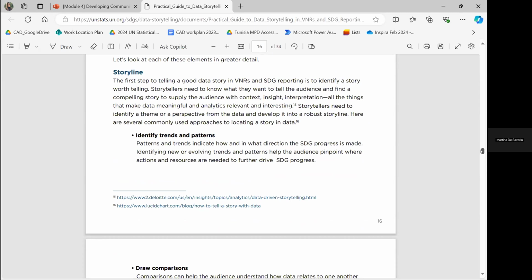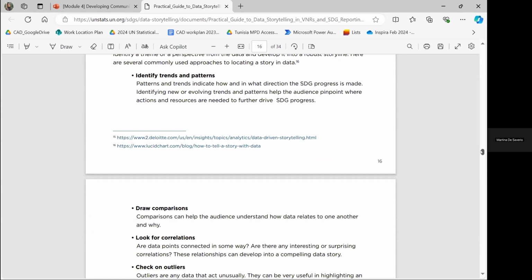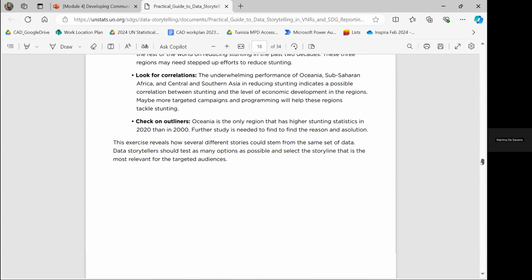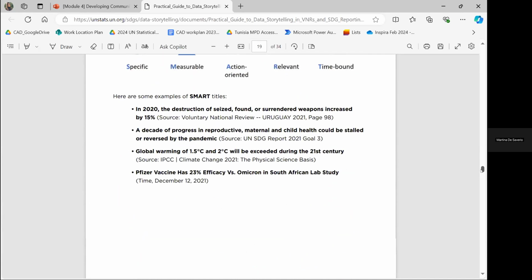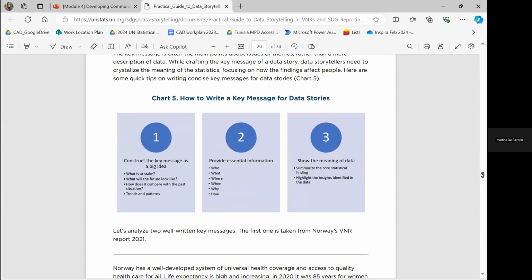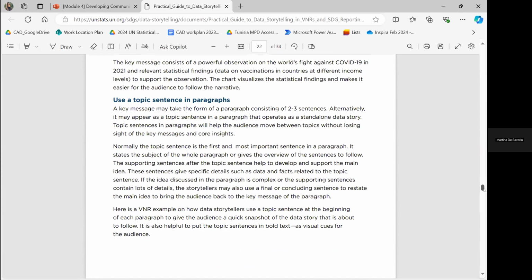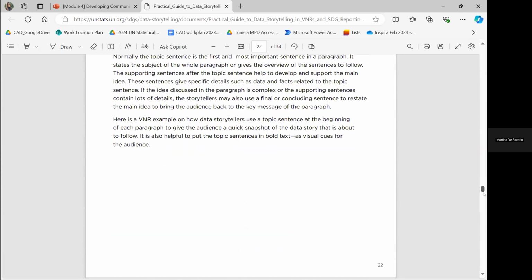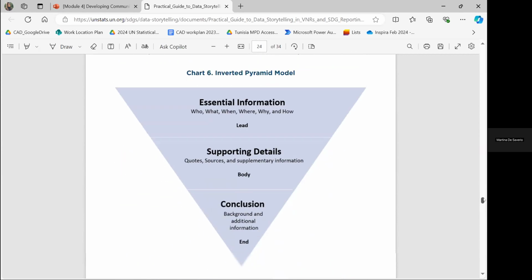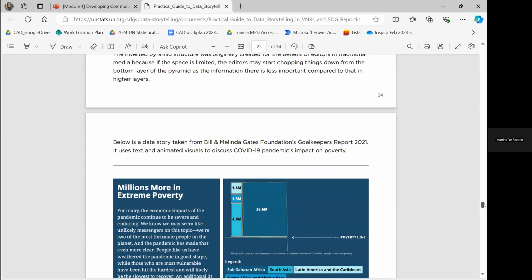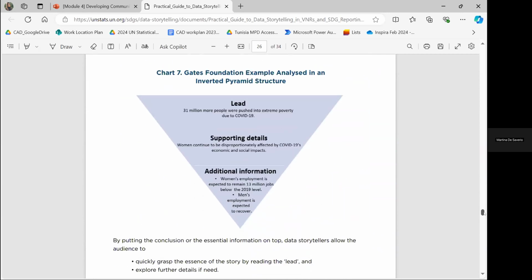There is the storyline part that helps you in understanding how you can select the information from the charts and the graphs you have developed. Yes, so here you have all the tools to proceed with your first data story. I'm scrolling down just to give you an overview of what is inside the guide, but I will send you the link in chat so you can explore.